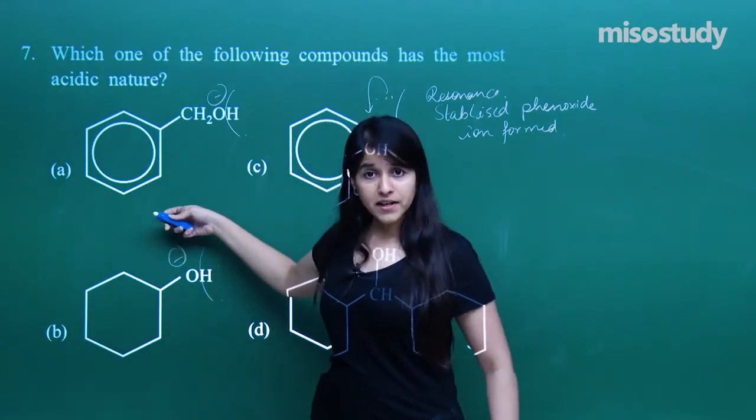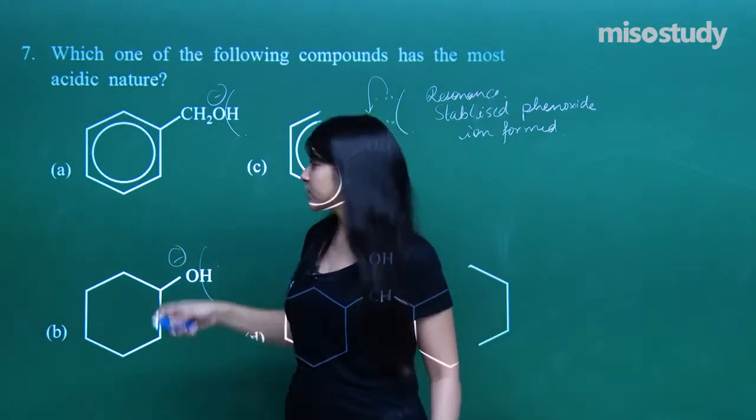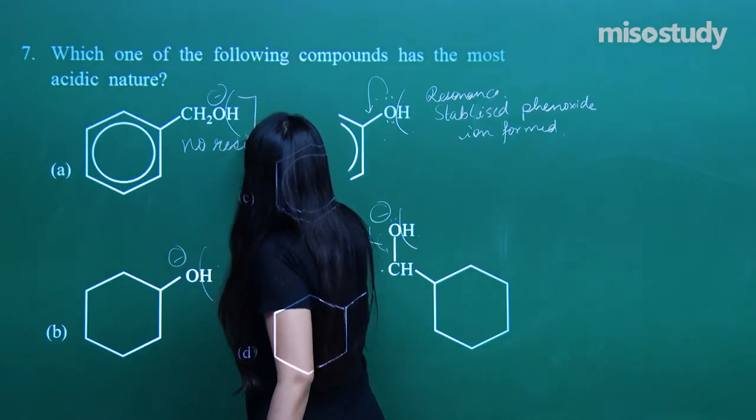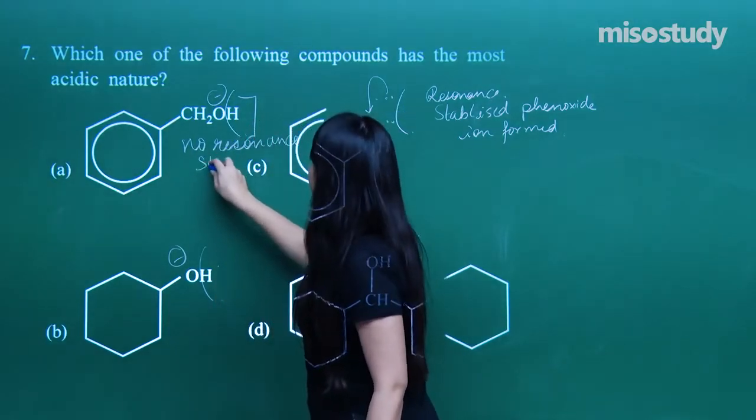Although it is an aromatic ring, it cannot attract these electrons that much for the resonance stabilization. So here there would be no resonance stabilization.